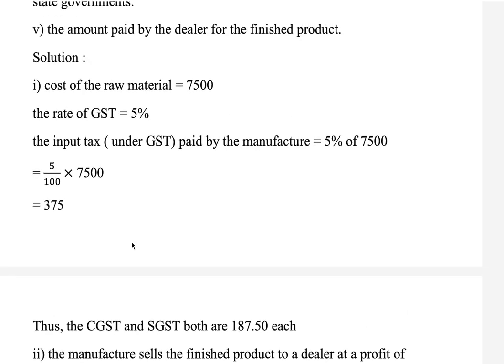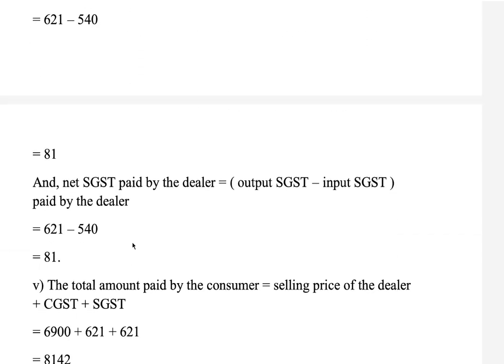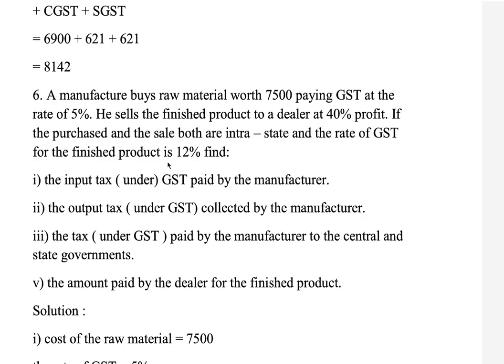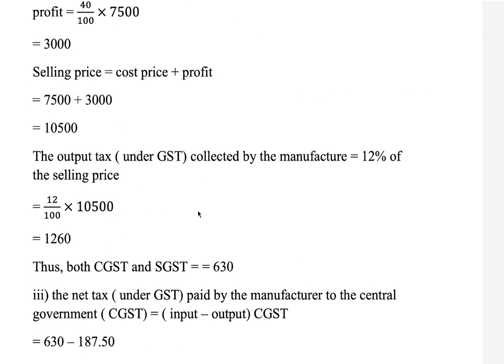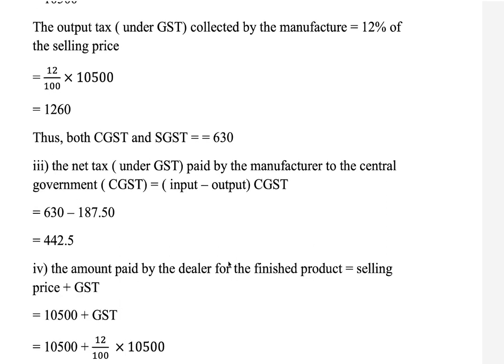See, why 12%? In the question paper it is given that it is on the finished product, it is 12%. Okay, so 12% of that 10,500, that is 1260, divided by 2, because central and state will divide equally, so both CGST and SGST will be 630 rupees.